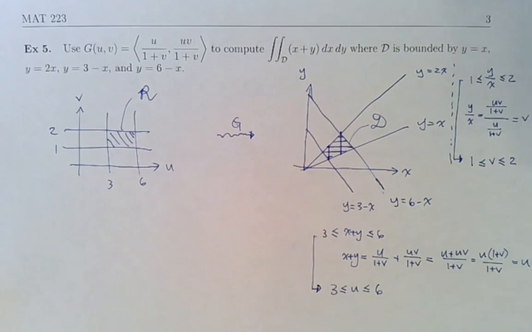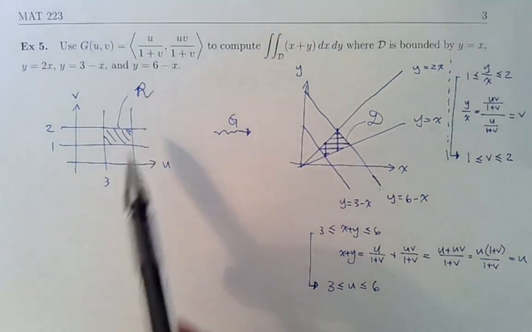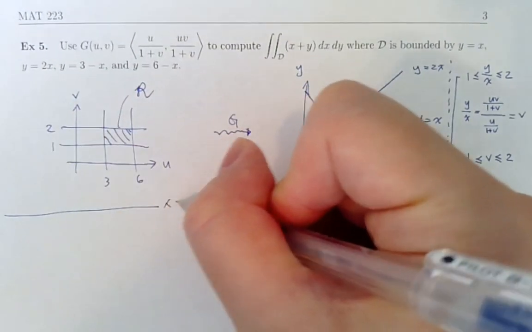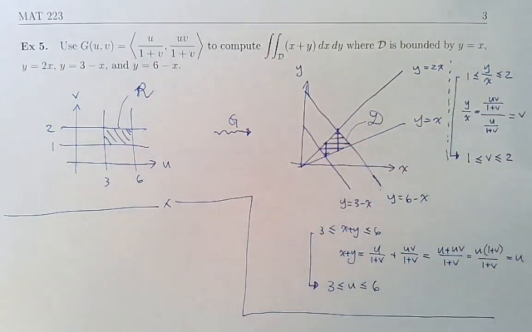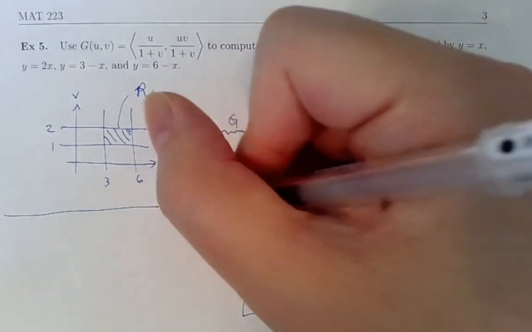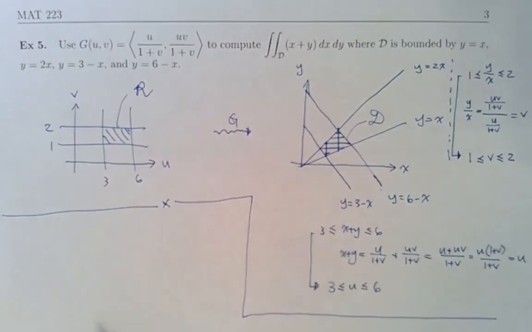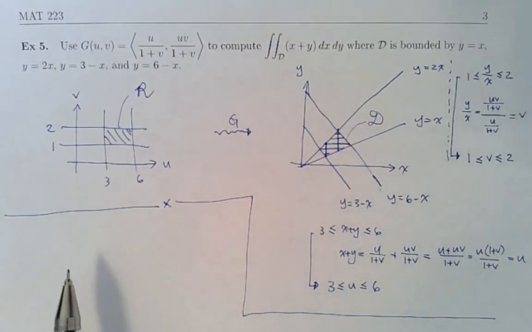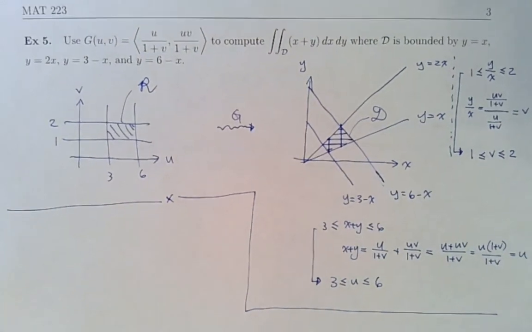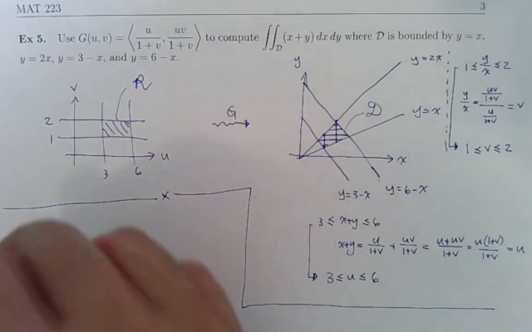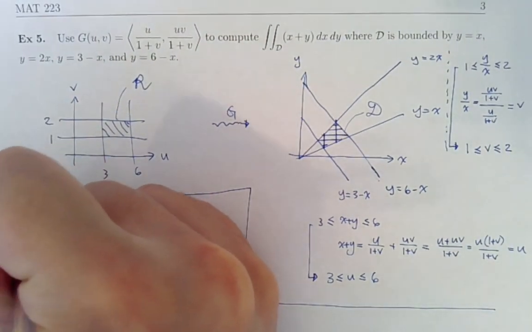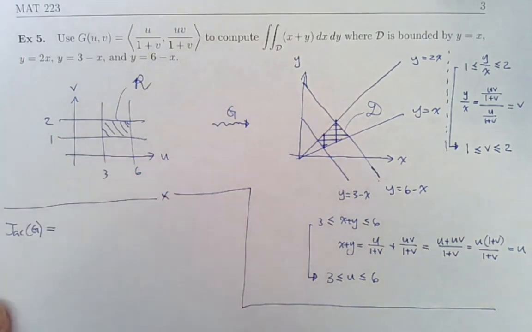So this is the first step to figure out this region. And then what we would do now, if we want to use the theorem, is calculate the Jacobian. So this part is straight calculation, and I'm sure you can do it.